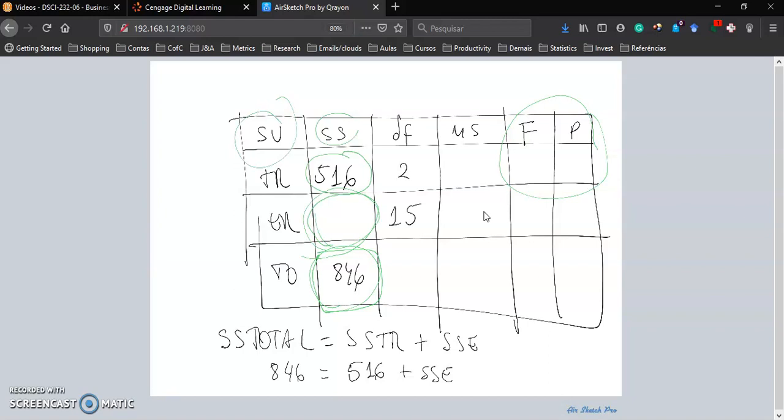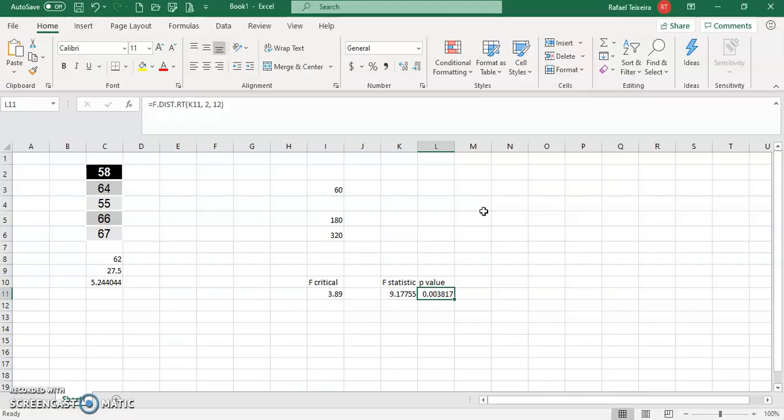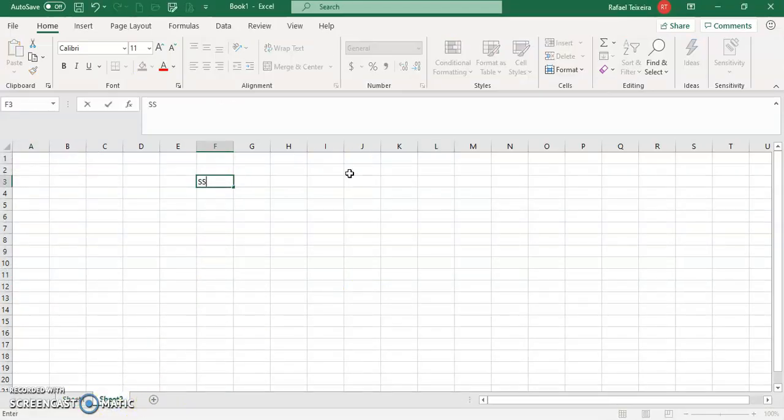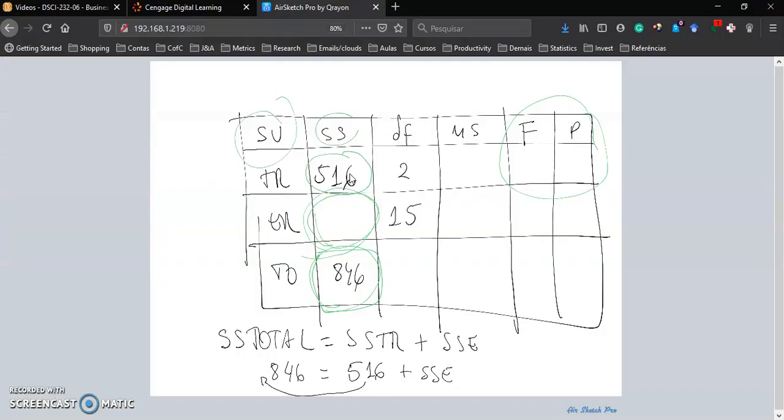So what I have to do is I move this number to here and subtract from 846. So if I subtract these two numbers, let me show you in Excel. So my SSE in this case is going to be equal to 846 minus 516, which is 330. Okay, I got that. 330.